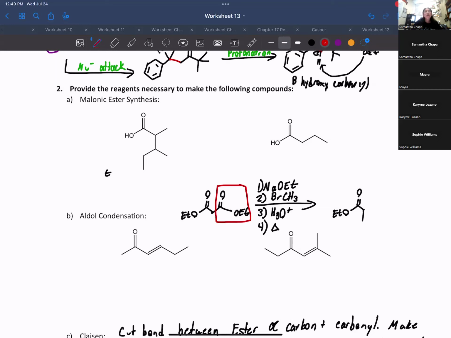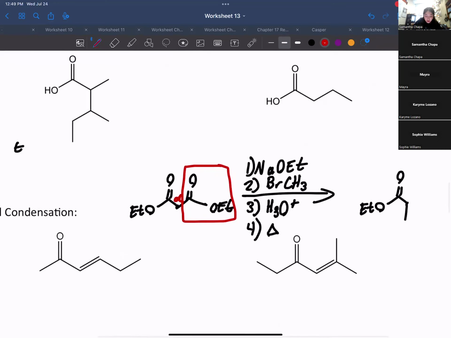And you should be focused on what's on the alpha carbon now. So identify what your alpha carbon is. My alpha carbon, it's the only one that's there. And you will have to see what groups are being added to this alpha carbon.